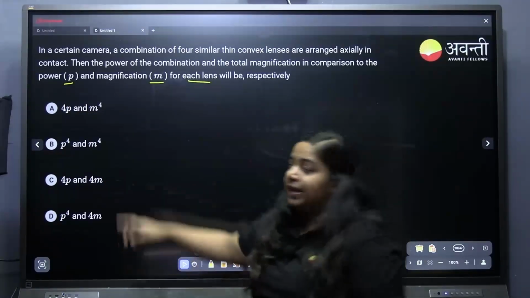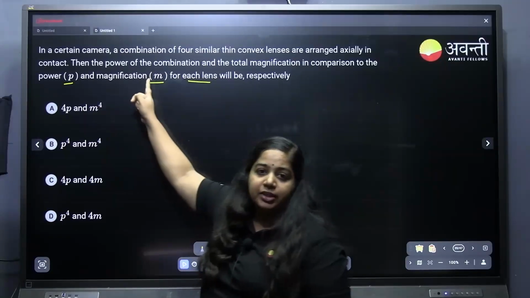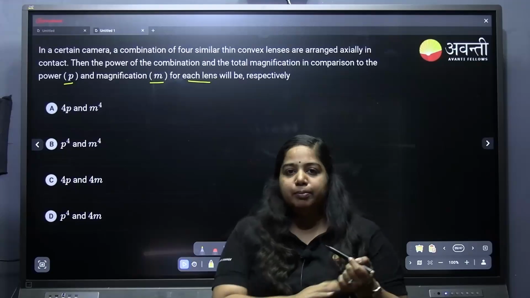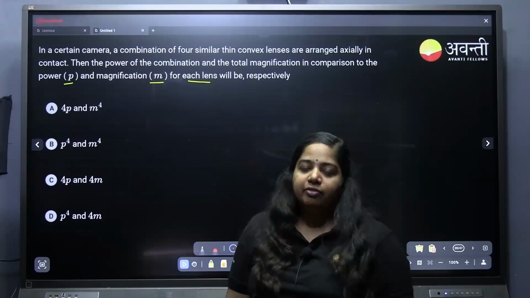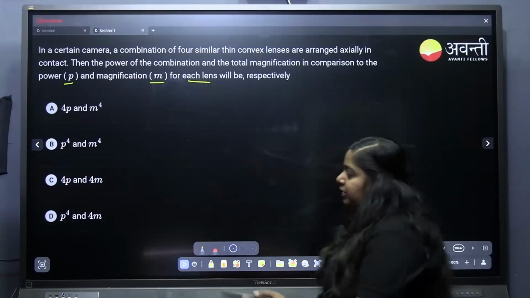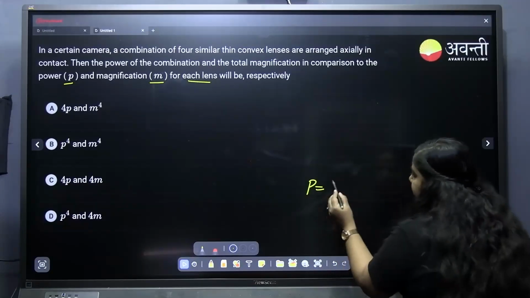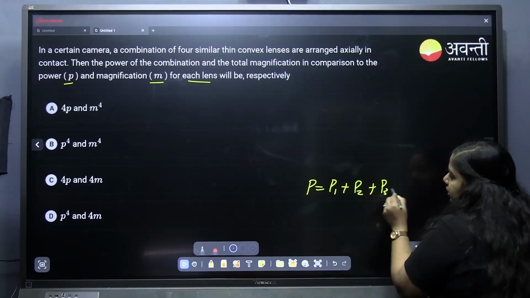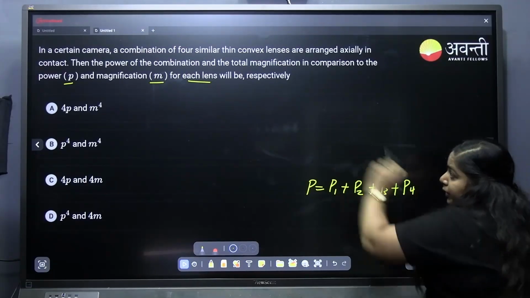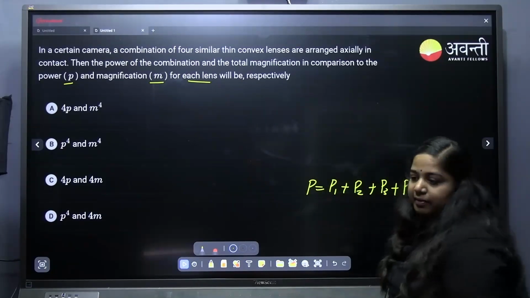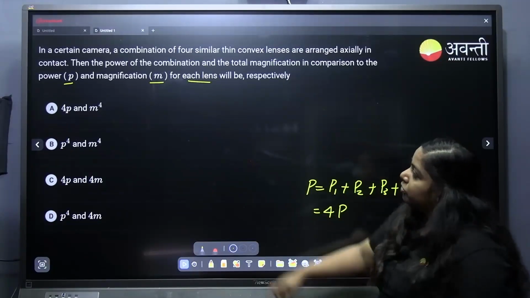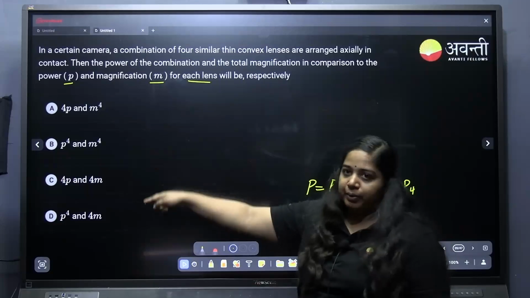So each lens has power P and magnification M. When they are kept in combination, what will be the final power and final magnification? As I told you, power will add up as P1 plus P2 plus P3 plus P4. Now each has the same power P, so it will be equal to 4P. Out of the options, there are 2 options saying 4P.